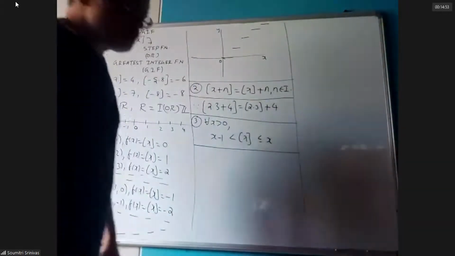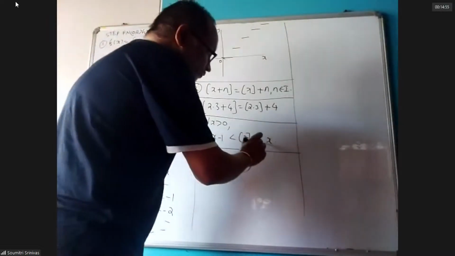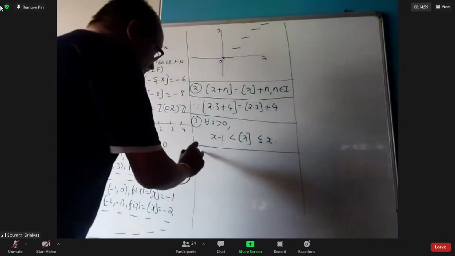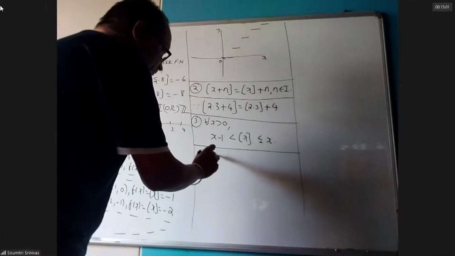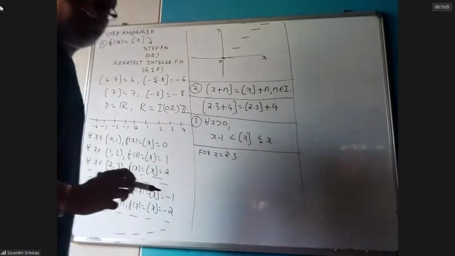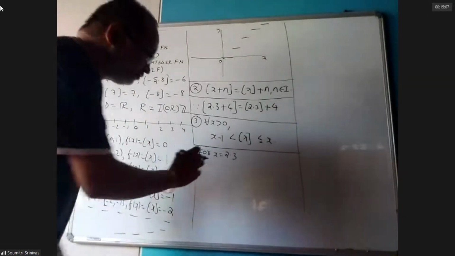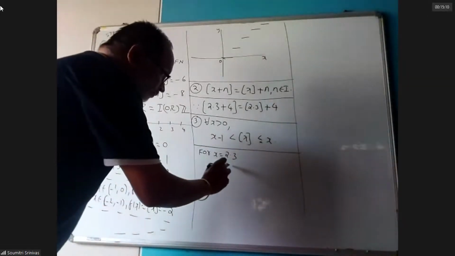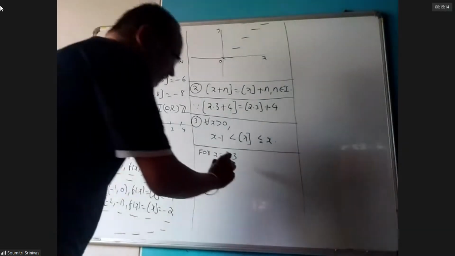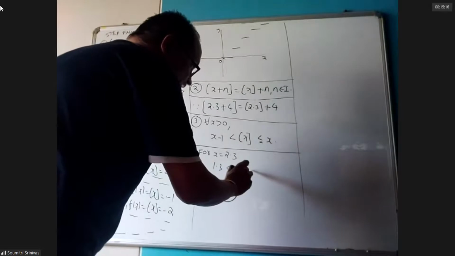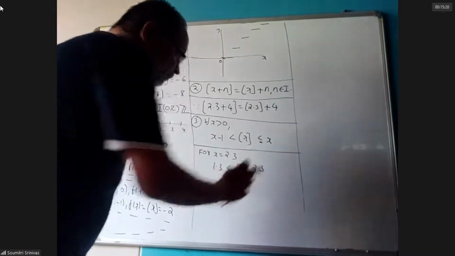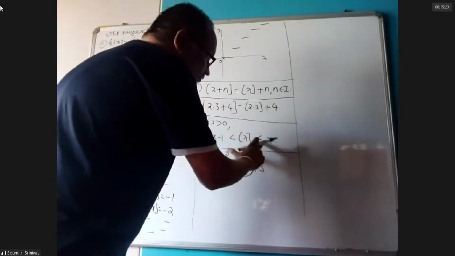Check. When this is true, what happens for x equal to 2.3? What's the left-hand side? 1.3, less than step of 2.3, which is 2, less than or equal to x, which is 2.3.